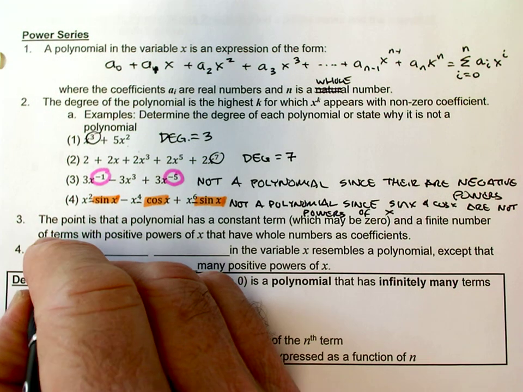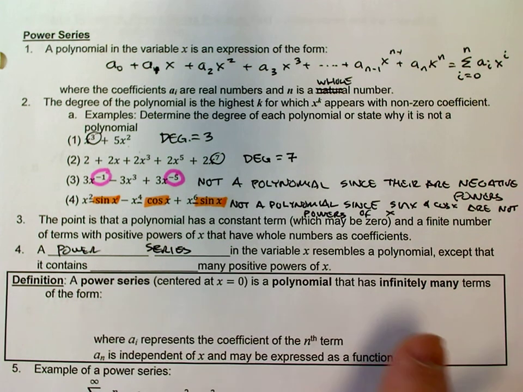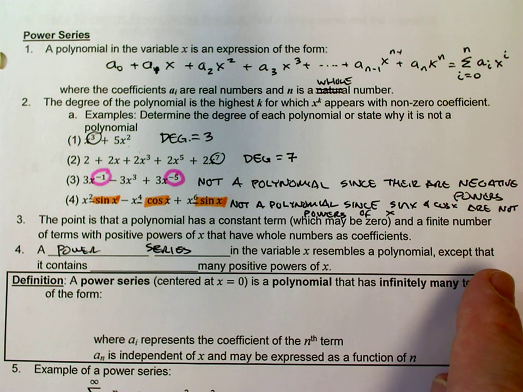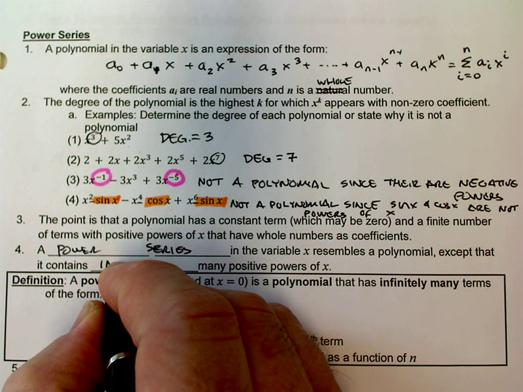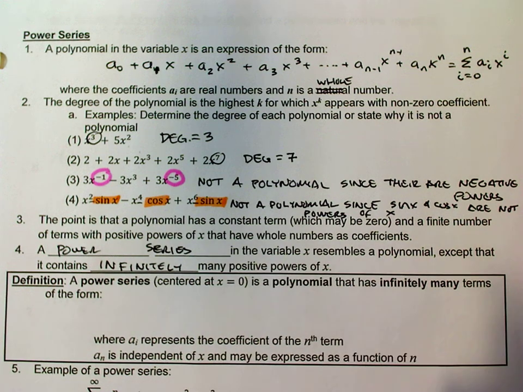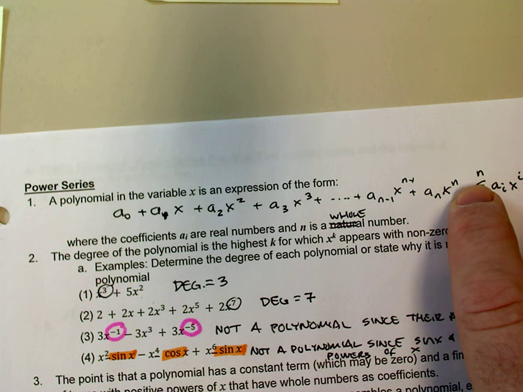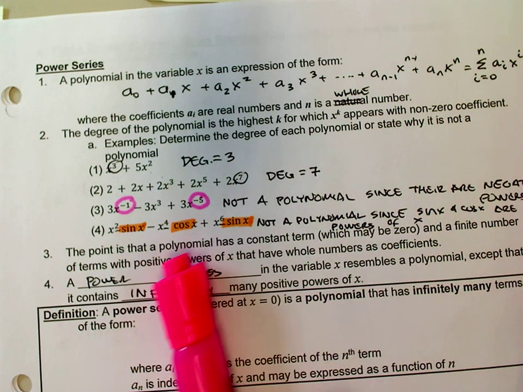So a power series in the variable x will always represent a polynomial except that it contains infinitely many powers. Okay? So this is a polynomial of degree n. When we take that and go to infinity, then we have what's called a power series.